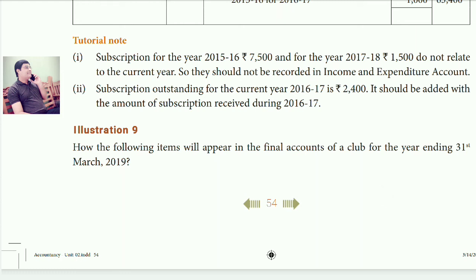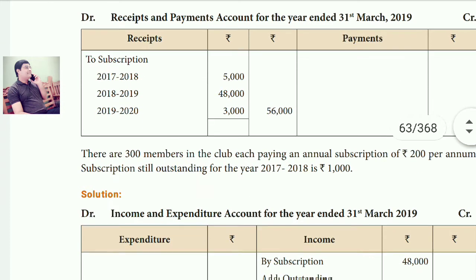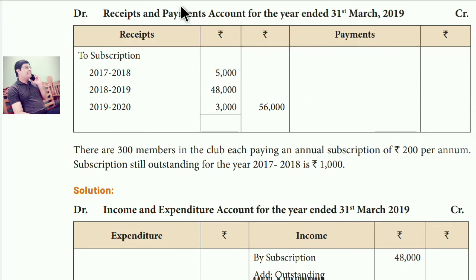Now see here, in this sum they gave the receipts and payments account for the year ended 31st March 2019. So we are preparing for March 2019. The 2019 value is 48,000. So first we have to write in the income column by subscription 48,000. Then we have to see how much is that.